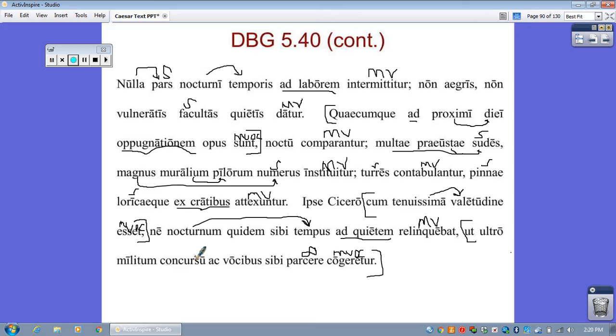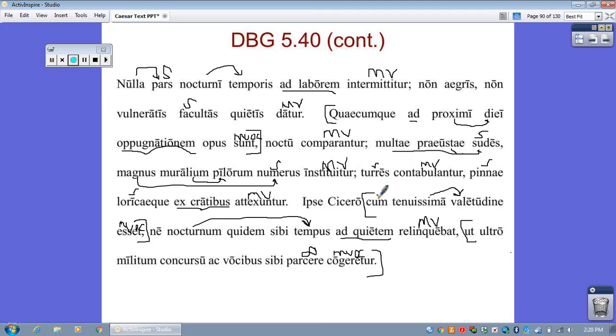by the literally the running together, meaning like some of the soldiers got together, by the running together and by the voices of the soldiers. In other words, the soldiers themselves eventually had to make Cicero rest. Now, because of the second half of the sentence, I feel like it's sort of in contradiction in some ways to the first half of the sentence.